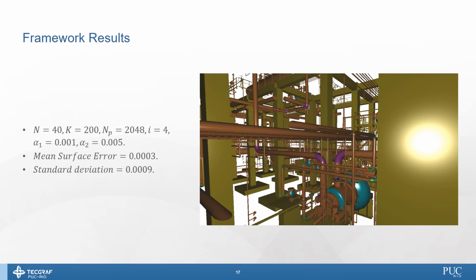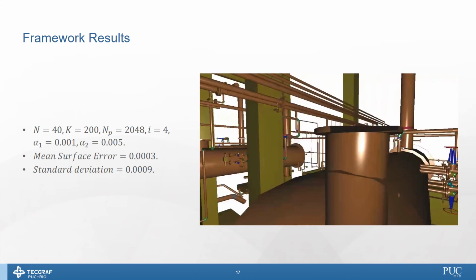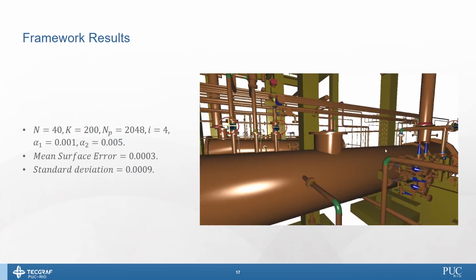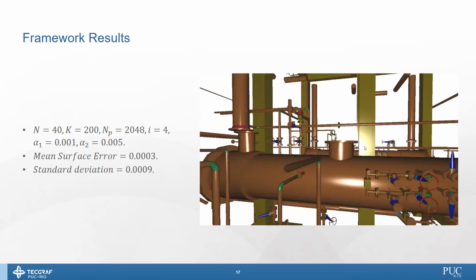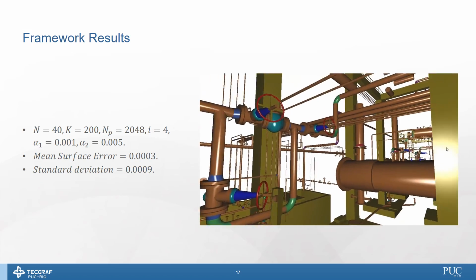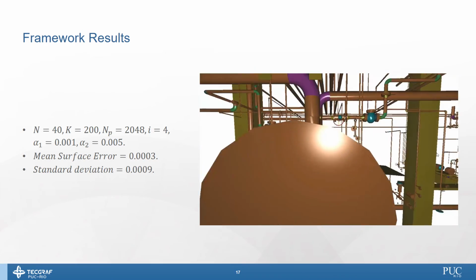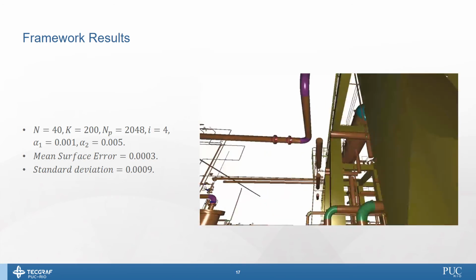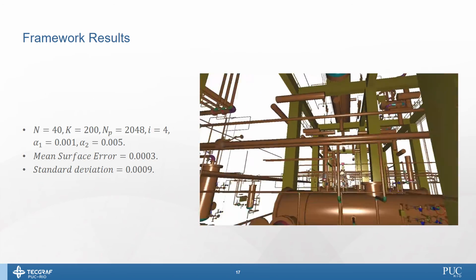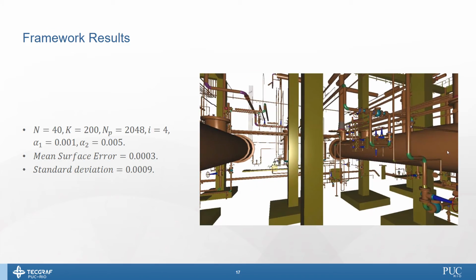After training the PointNet++, we fine-tune the parameters, and we set the first threshold, the optimization goal, to 0.001 and the acceptance threshold to 0.005. Using these parameters, we were able to obtain a mean surface error of 0.003 and a standard deviation of 0.00909.